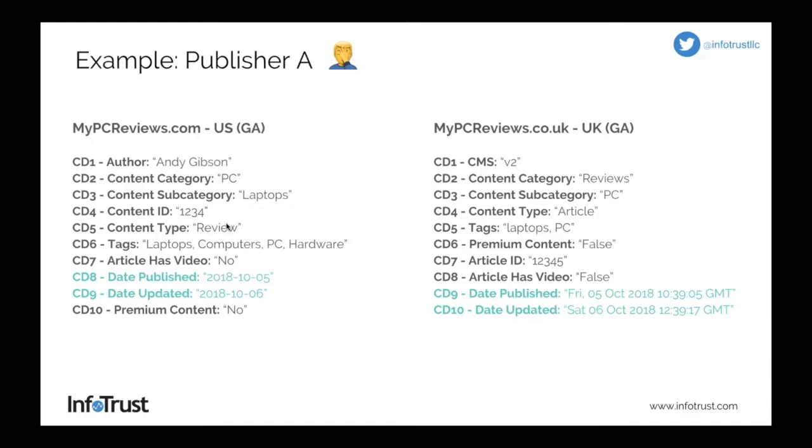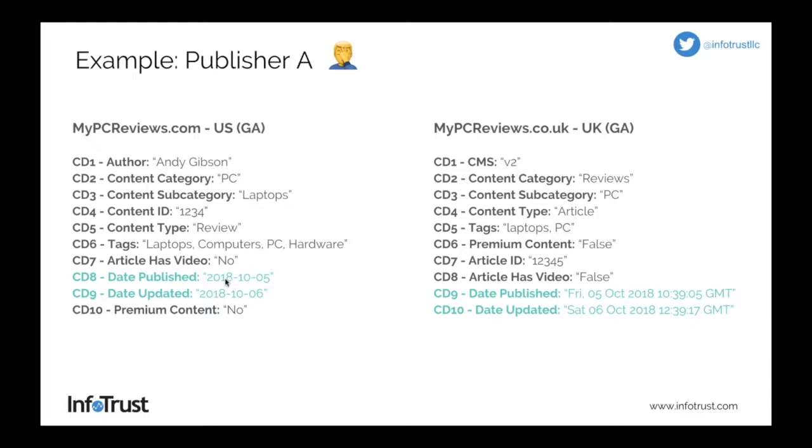And then in this case, we're looking at date published. There are different formats. Both are collecting date published and date updated. They're collecting them in different slot numbers. The US team has CD8 and CD9 configured. The UK team has CD9 and CD10. Ideally, we would see that they're both in that same slot number, 8 and 9. And also they're sending in different formats.